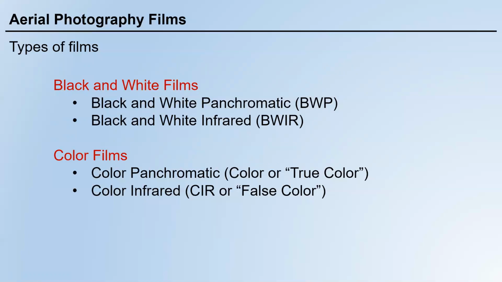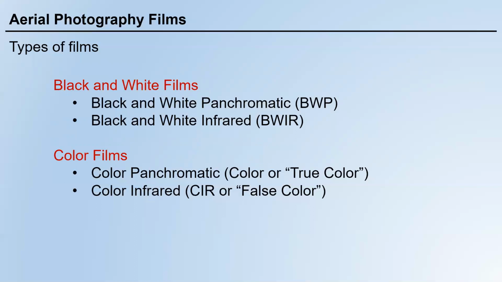Another type of black and white film is called black and white infrared. This type of film is only sensitive to the reflection of infrared energy. So for a specific pixel, if the objects within that pixel have very high reflectance within the infrared range, that pixel will be pretty bright.